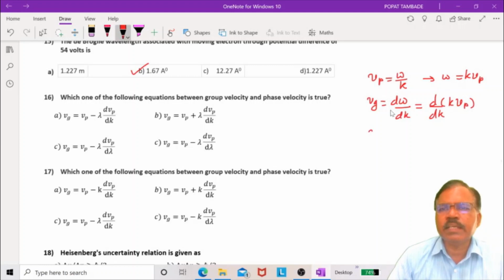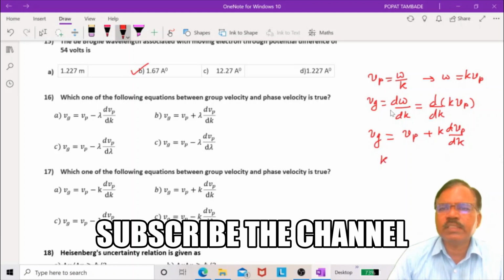So if we take Vg is equal to, first take Vp constant and differentiate k with respect to k, then k is constant, dVp by dk. Now we have k is equal to 2 pi upon lambda. So dk you can write minus 2 pi upon lambda square into d lambda.